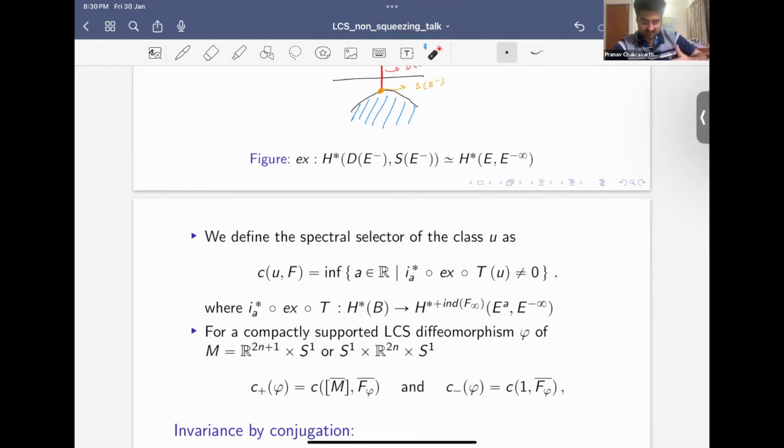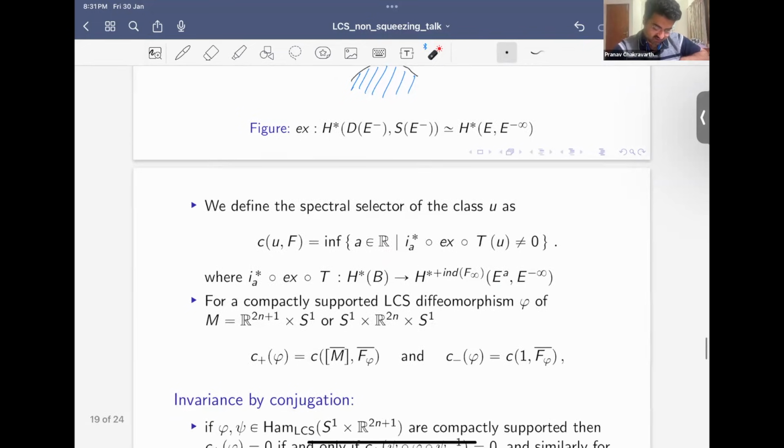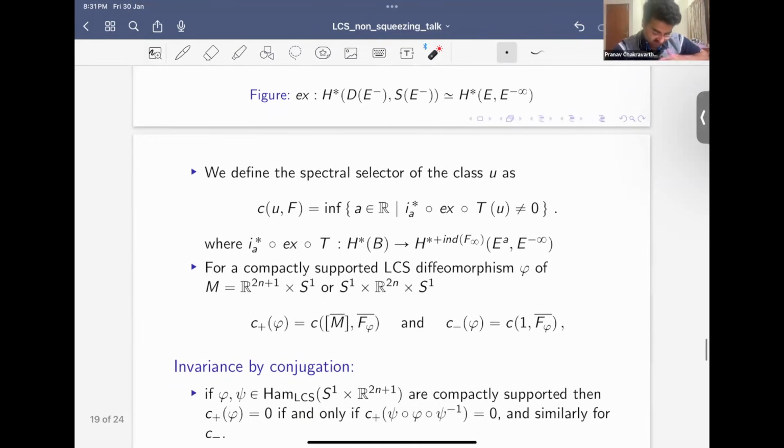If A goes to plus infinity, I can see this class, and if it goes to minus infinity, I don't see this class. So I can ask for the minimum energy at which I first see this class for the generating function F, and that defines a spectral selector. The spectrum for different cohomology classes corresponds to different critical values of F.